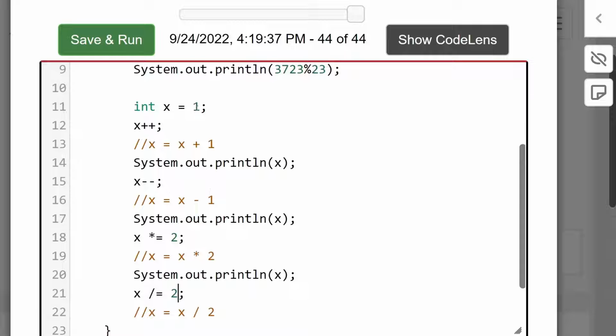We start with a value of 1, and then we add 1 to it using the plus plus operator. Now we have a value of 2. Then we subtract 1 from that using the minus minus operator. Now we have a value of 1. Then we multiply that value of 1 by 2 to get a new value of 2, since 1 multiplied by 2 is 2.